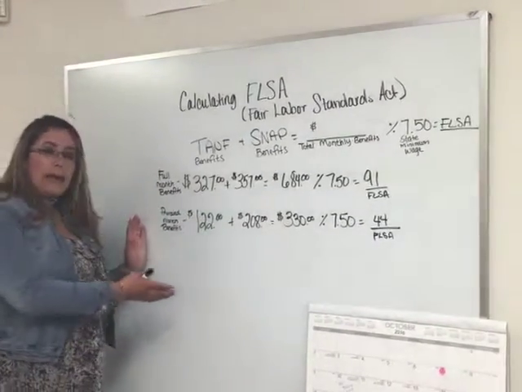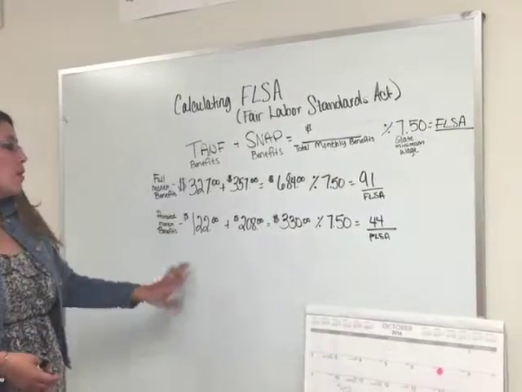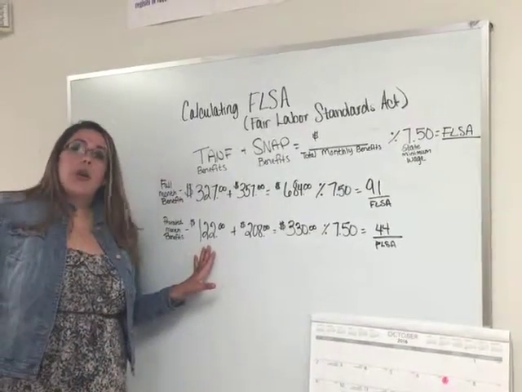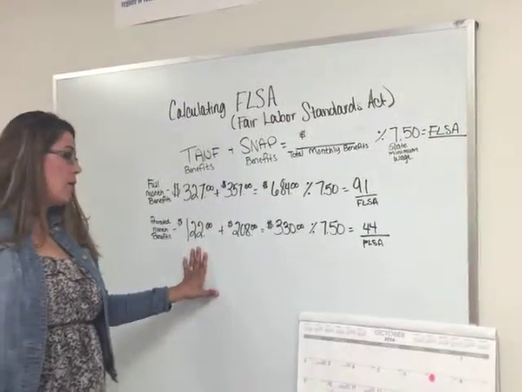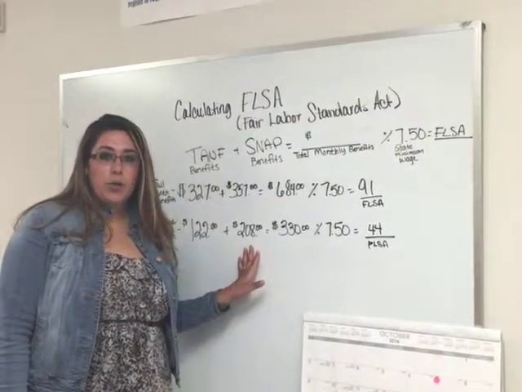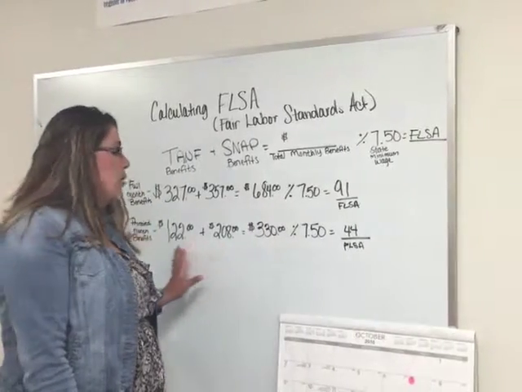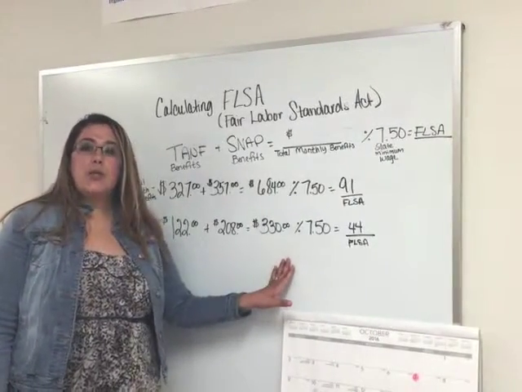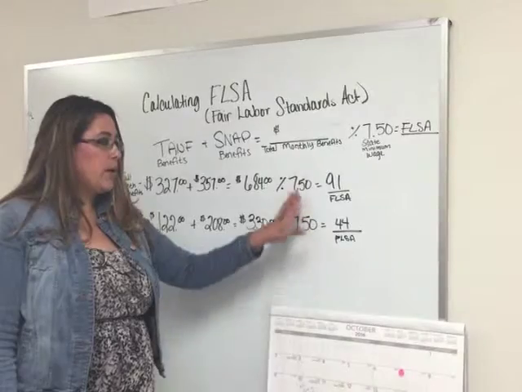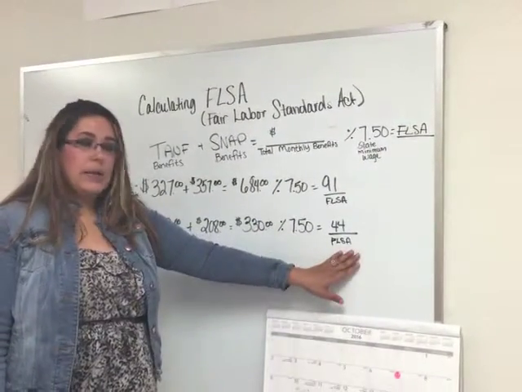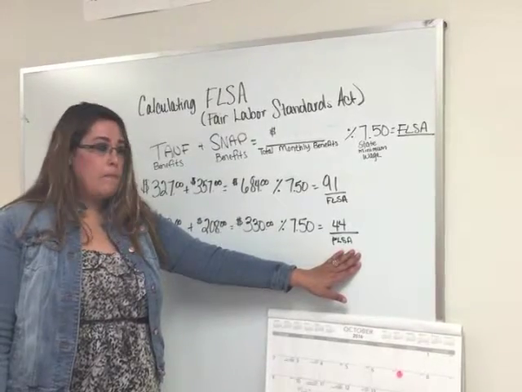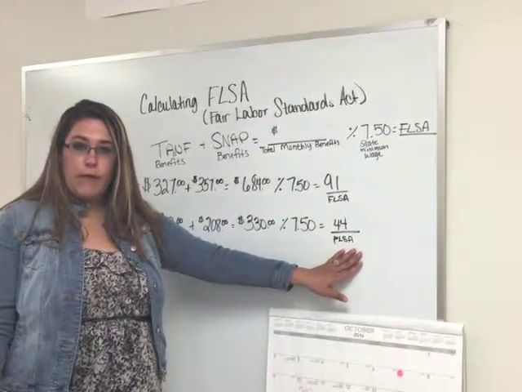So let's look at a prorated month in benefits. Let's say, for instance, this individual got $122 of TANF for a prorated month and $208 of SNAP benefits. When you add those together, you get $330, and you're still going to divide that by the state minimum wage, which is going to give you a number of 44 for their FLSA.